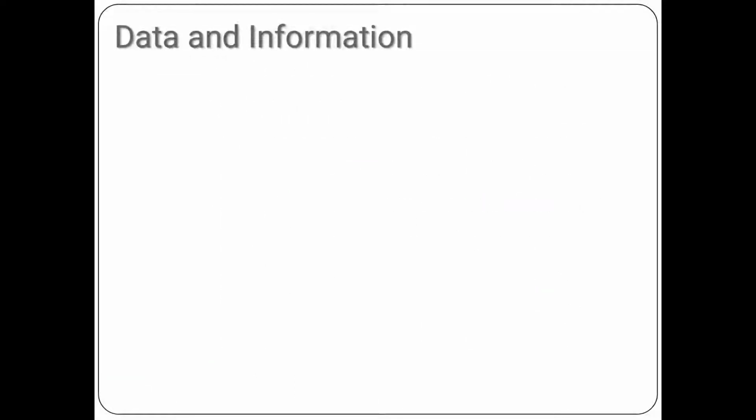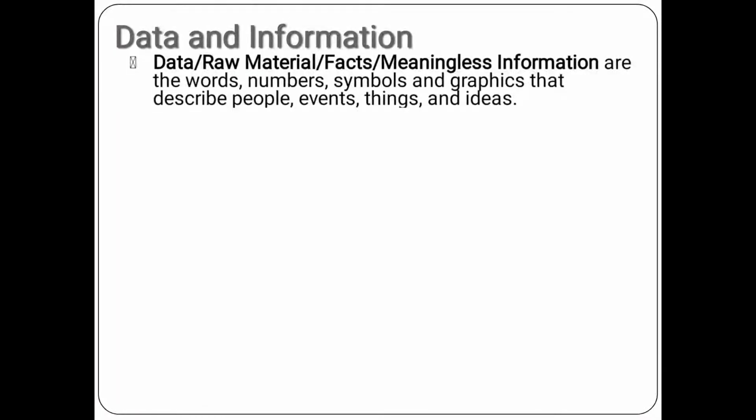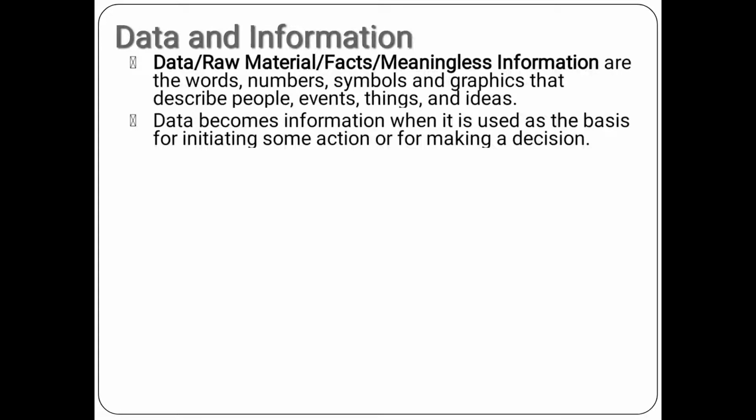Data and information. Data are raw material, facts: the words, numbers, symbols, and graphics that describe people, events, things, and ideas.